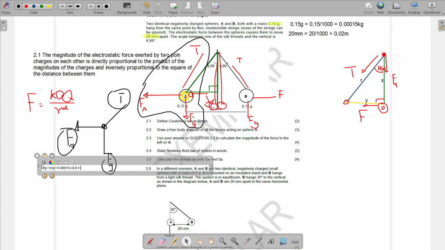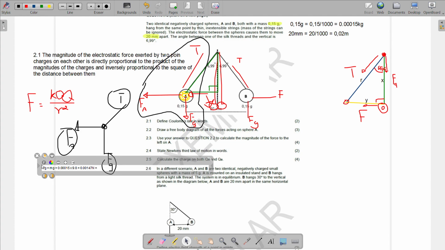The answer is going to be on my calculator. 0.00015 multiplied by 9.8 is going to give me 0.00147 newtons. Forces are calculated in newtons.